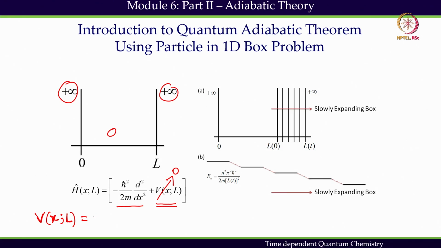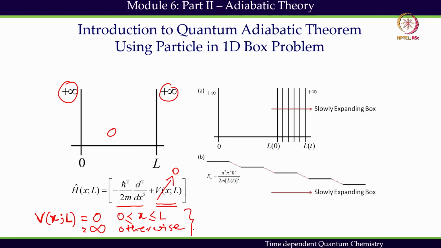V would be 0 for all x greater than or equal to 0 and less than or equal to L, and this is going to be infinite otherwise. So this is the definition we are giving.